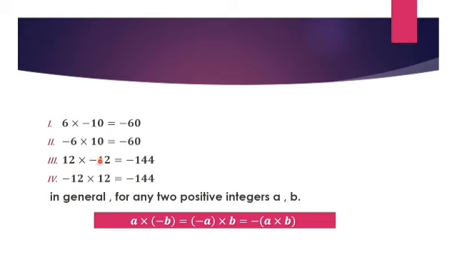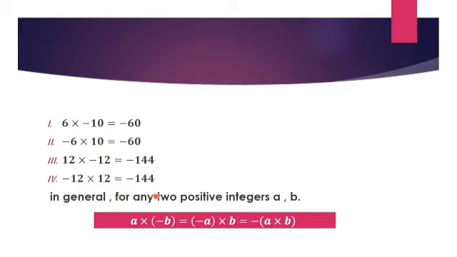The next example, 12 into minus 12. 12 is positive, minus 12 is negative. We simply multiply 12 into 12, 144, and put a negative sign. In that way, minus 12 into 12 is also 12 into 12, 144, and since the first is negative and the second is positive, we put a negative sign before the product.